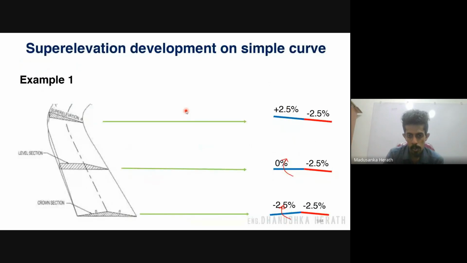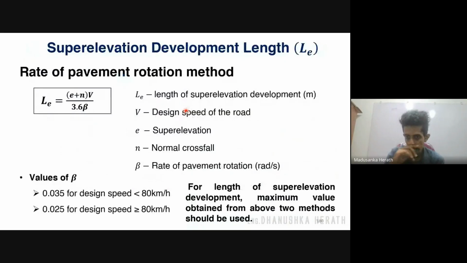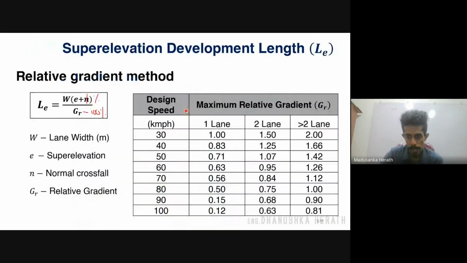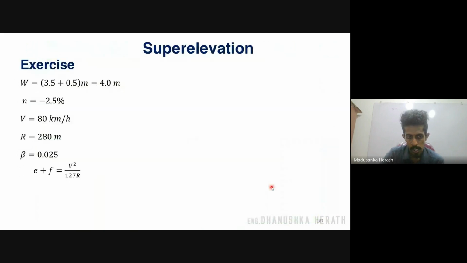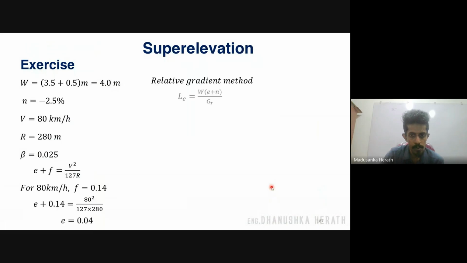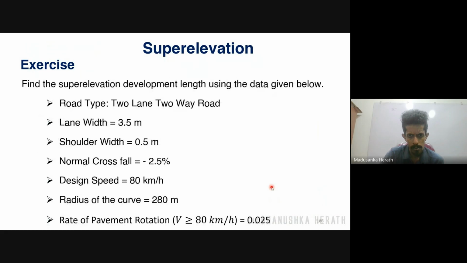We need the GR value for two lane two way. Speed is 80, 0.75.